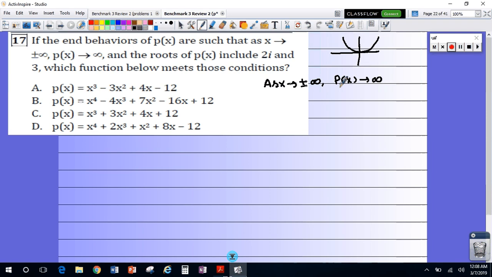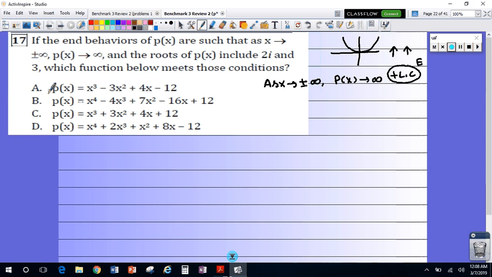But we do not know whether it is fourth degree or second degree or sixth degree and so on. But you see the number of roots here, means both ends will go up. We know that it should be positive leading coefficient with an even exponent.